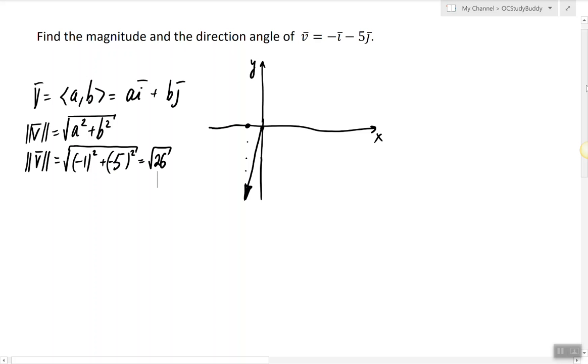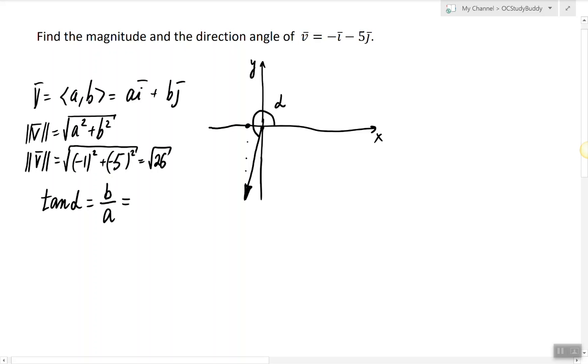Now, to find the angle, what angle are we looking for here? We're looking for this angle alpha. And what do we know about this angle alpha? We know that tangent alpha is equal to the vertical component over the horizontal component.